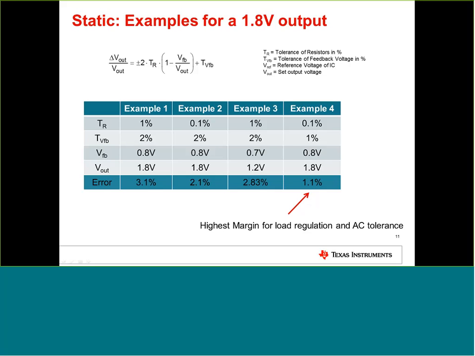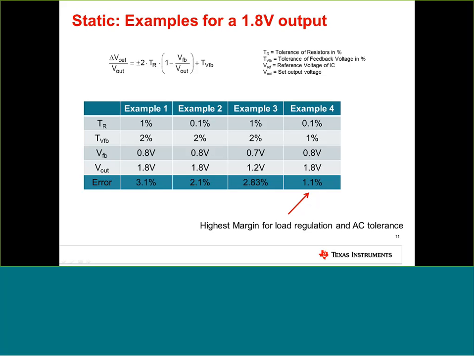Then in the third example, we have a different output voltage and different feedback voltage. And the same in example 4, we have again a different output voltage, different feedback voltage, 0.1% resistors, and a 1% feedback voltage tolerance. So you can see all of these parameters have an influence on the total DC tolerance.